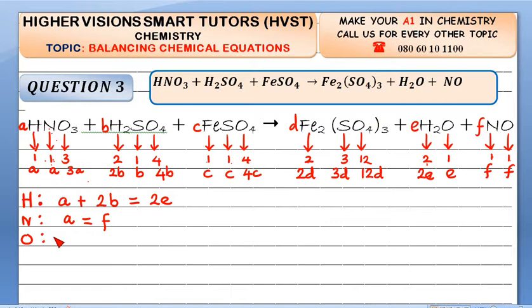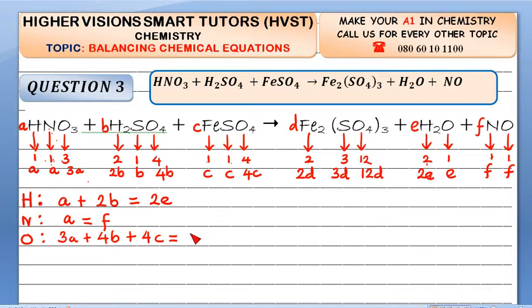Oxygen appears in almost all the constituents. For the oxygen now, this oxygen here is 3A. So 3A, the one beside it, still on the reactant side, is plus 4B. The oxygen here is 4C, still on the reactant side, so plus 4C is equal to, let's see the oxygen here, that's 12D.